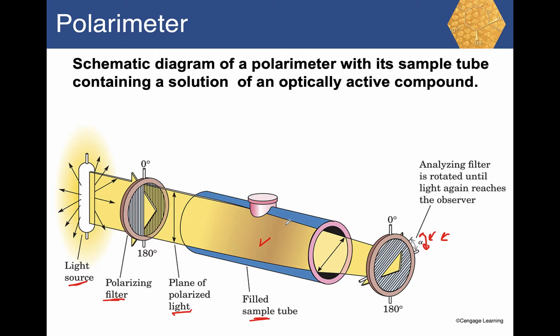I should point out that if you clean this vessel and put in the other enantiomer, it would rotate the light in the opposite direction by the same degree.